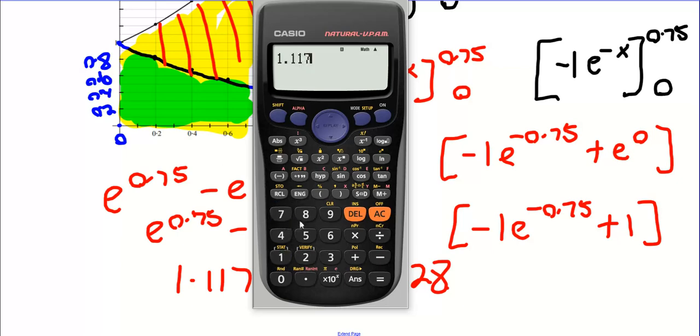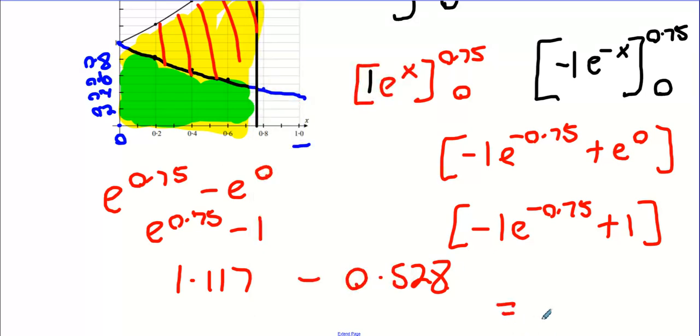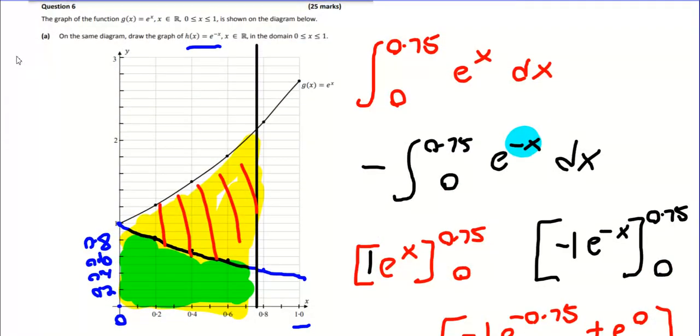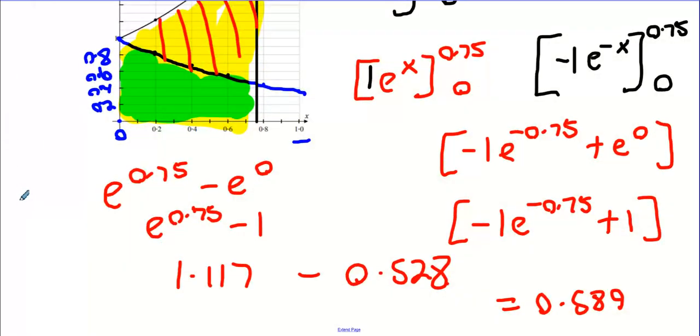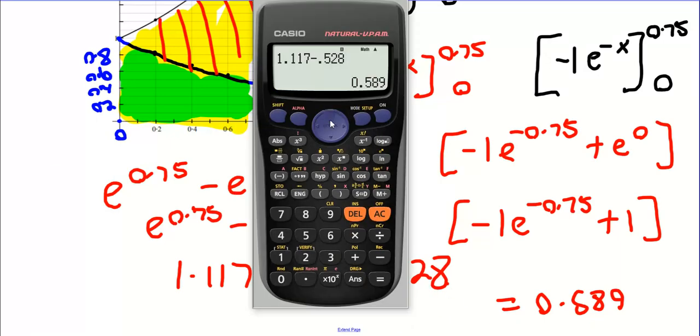How would you find that now if you were asked that? 0.589. And how many decimals? 4. So I actually probably, sorry guys at home, I made a mistake there. 1.117 was perfect.